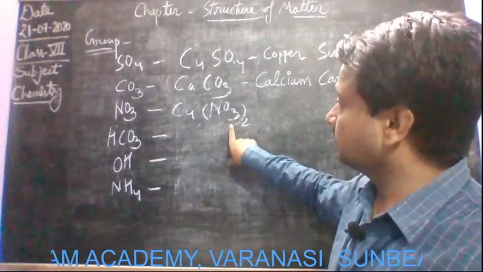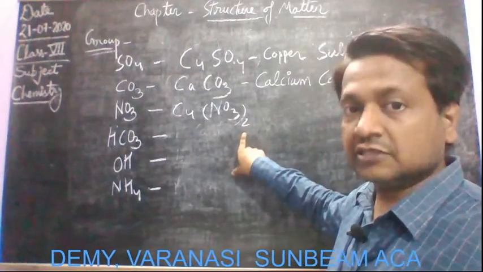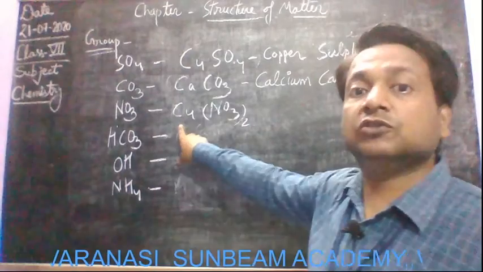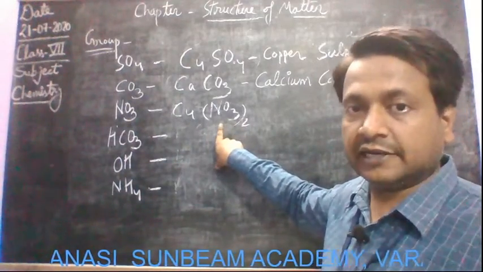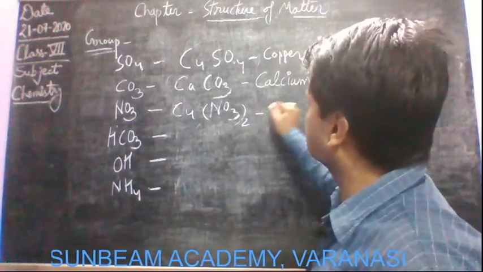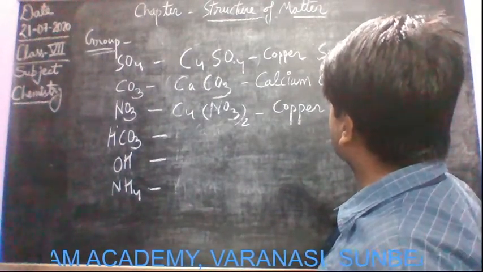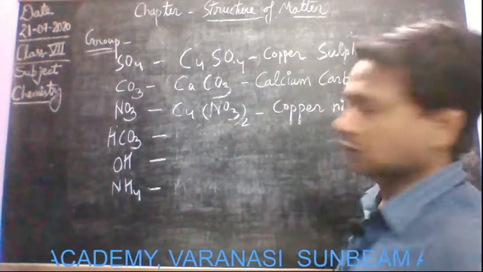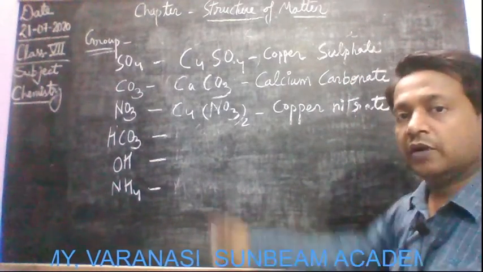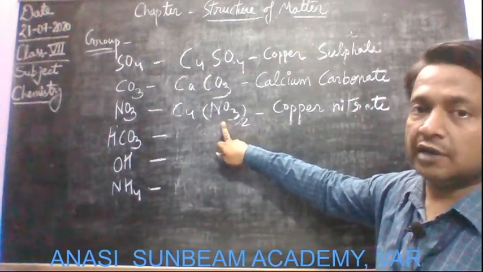Children, just see there the NO3 in brackets with a 2. It means that one atom of copper reacts chemically with two molecules of nitrate group, and then it forms one molecule of copper nitrate. So copper nitrate contains one atom of copper and two molecules of nitrate group.